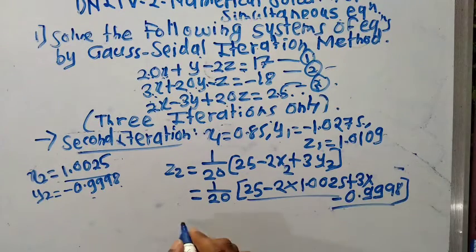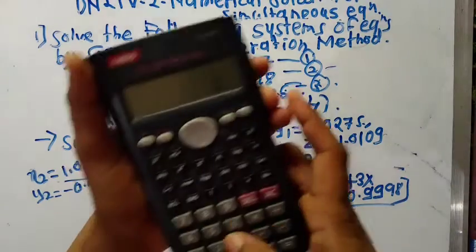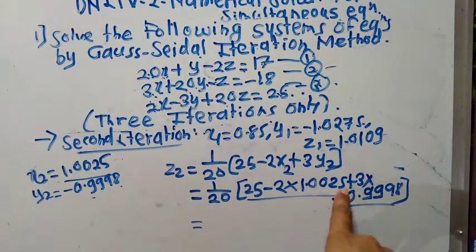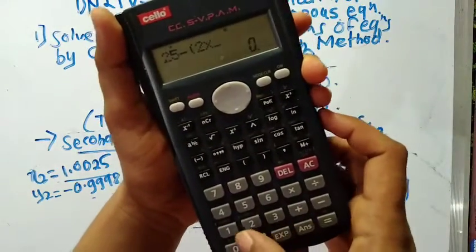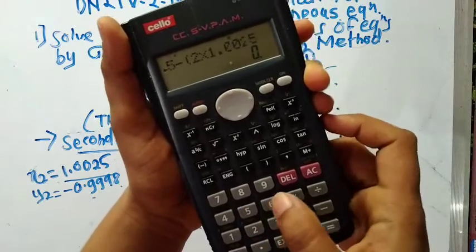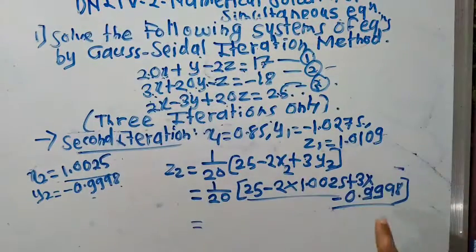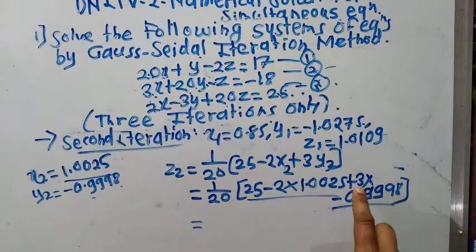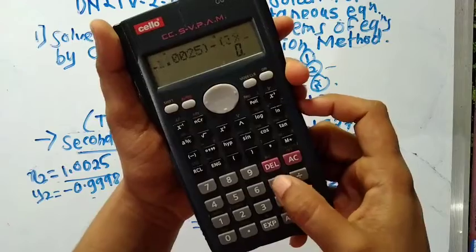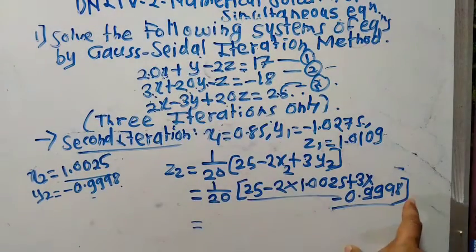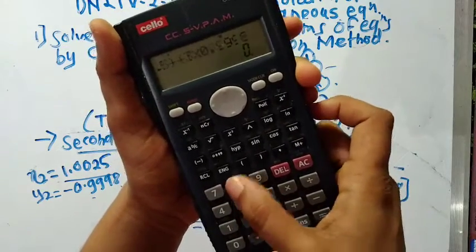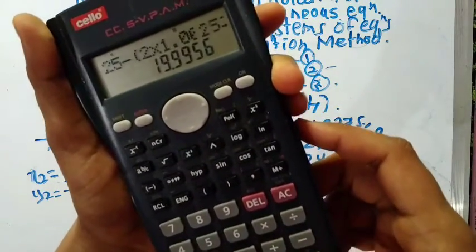First find out this value, which is equal to 25 minus 2 into 1.0025 plus, in bracket, minus minus 3 into 0.9998.